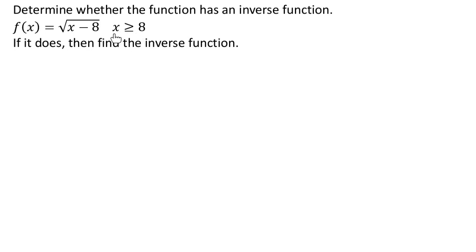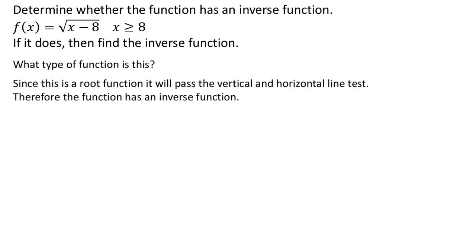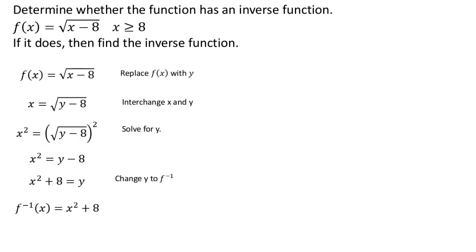That's what this notation means, that x has to be greater than or equal to 8. All right, so let's see. Does this function have an inverse? What I would do is apply the vertical and horizontal line tests. First the vertical line test, to find out if it is a function, and then the horizontal line test to see if it has an inverse function.